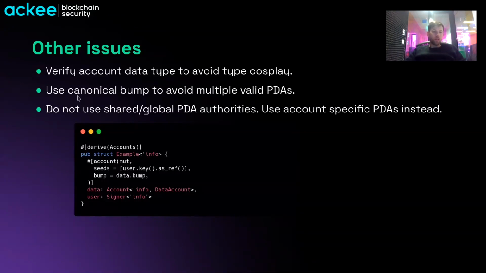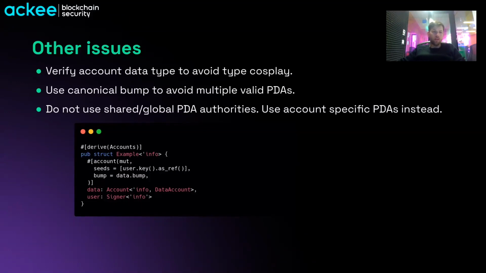Then the next point is that you should always use the canonical bump to avoid multiple valid PDAs. Canonical bump means that this is the very first value of a bump that you calculate when you calculate the PDA address, because a PDA address, as you might know, is a special address that is so-called bumped off the curve, and therefore it doesn't have a private key, but there might be different values of the bump.